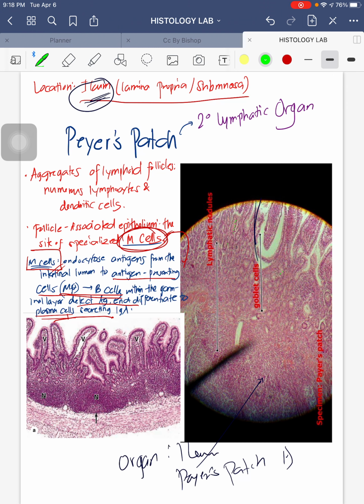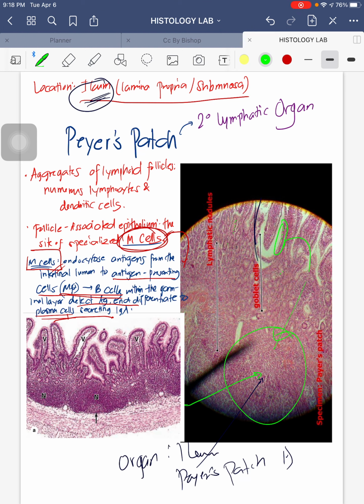So, what is the pointer pointing at? This is now your Peyer's patch. Always look at the overview of the slide first. What else can give it away that this is Peyer's patch? I think the best key to look at is the surrounding structures, goblet cells.